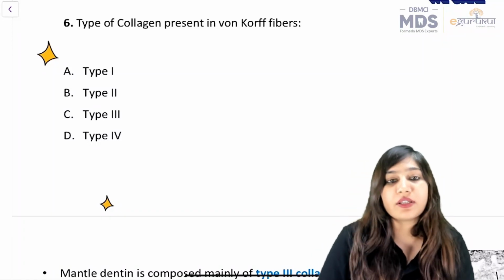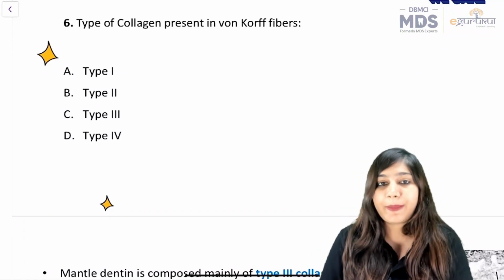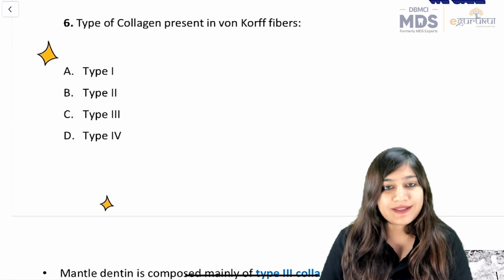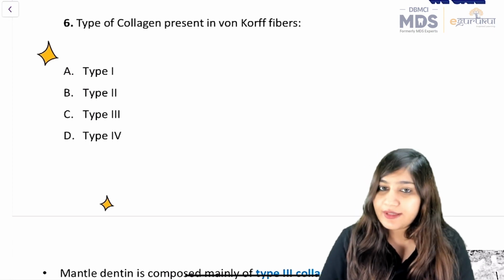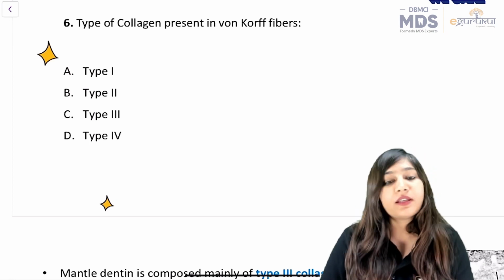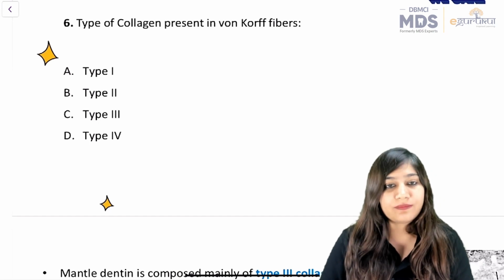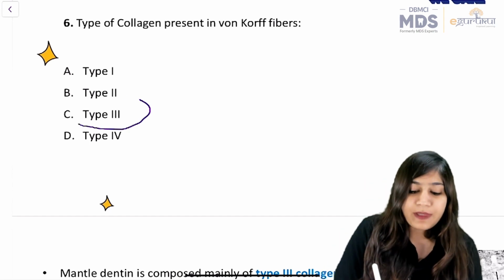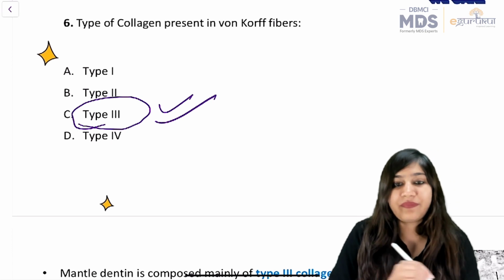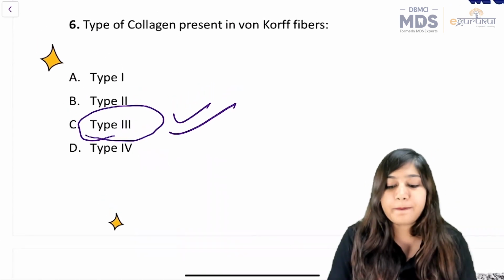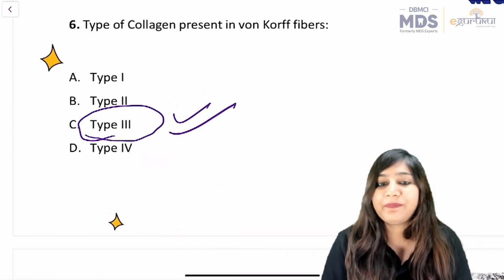Coming to the next question. Type of collagen present in von Korff's fibers. Is it type 1, type 2, type 3 or type 4? It is mainly type 3. What are these von Korff's fibers?